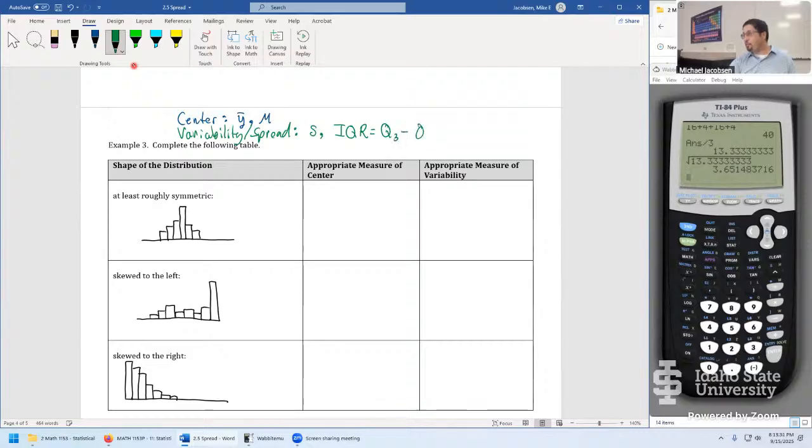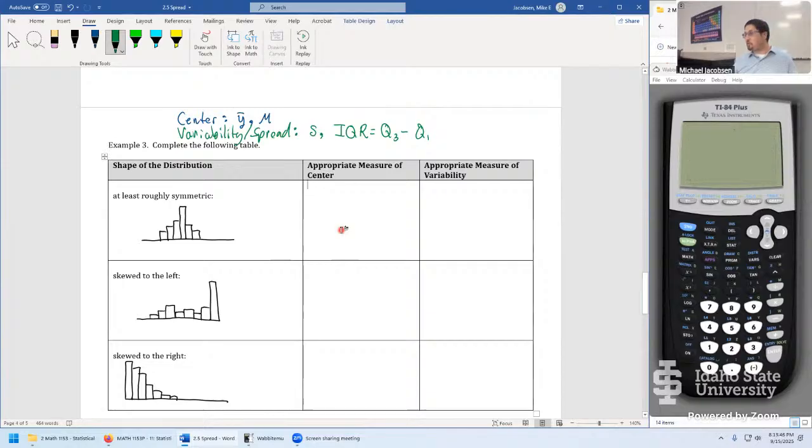Doesn't hurt to write down the formula whenever you write down interquartile range, just as a reminder of what it is: 75th percentile value minus the 25th percentile value. So those are the things we're going to be filling in on this table down below.